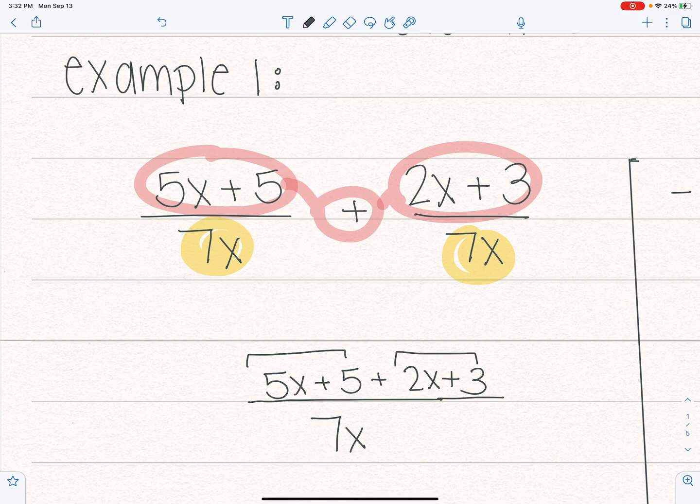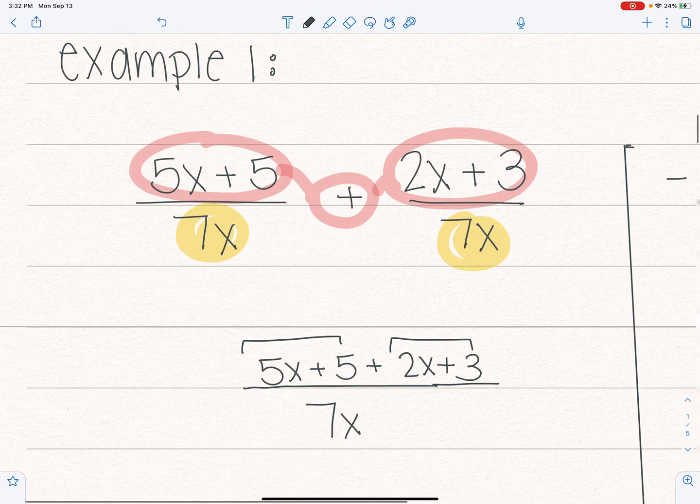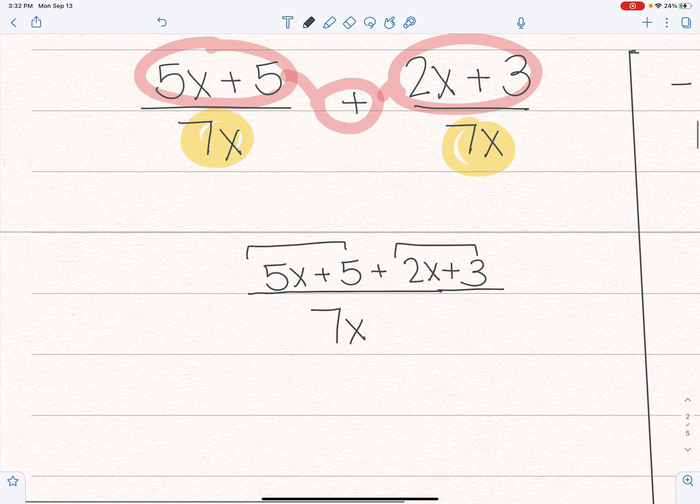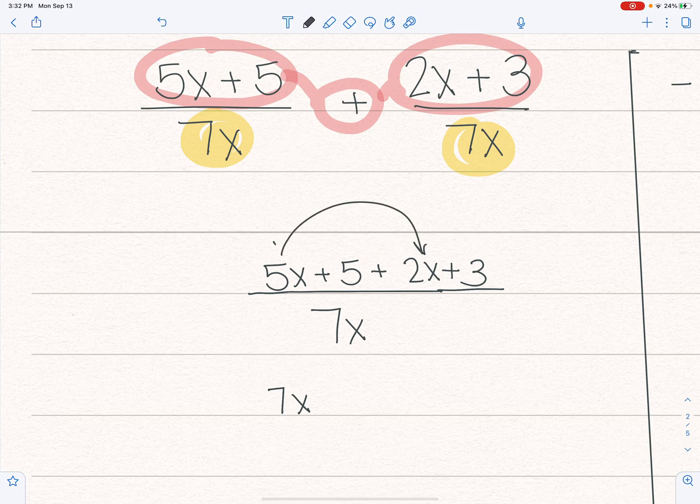Now that I've got it to one fraction, I'm going to combine like terms. So 5x plus 2x is going to give me a 7x, and then 5 plus 3 is going to give me 8 over 7x.